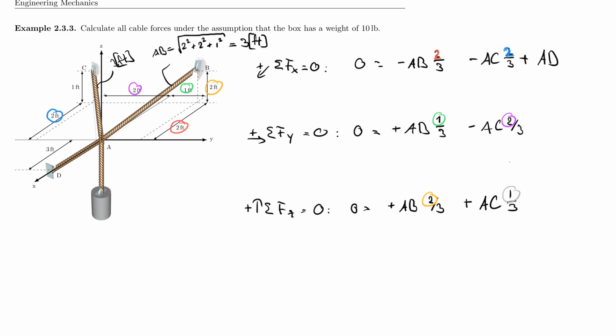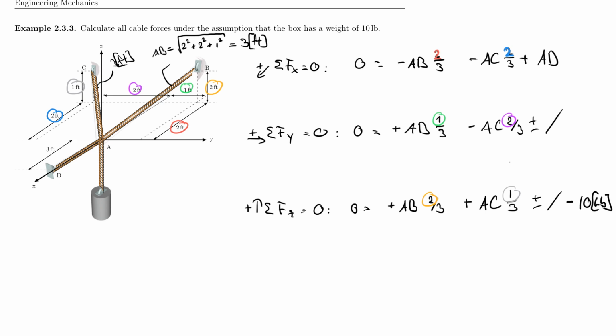And that one is our last number to identify. So I'm going to use gray here. I'm running almost out of colors. But I also need to include AD, which is non-existent. That is true for the one at the top as well. So plus minus nothing. However, I have to include the container, which was given to us with 10 pounds. And that is, of course, in the negative direction, minus 10 pounds.